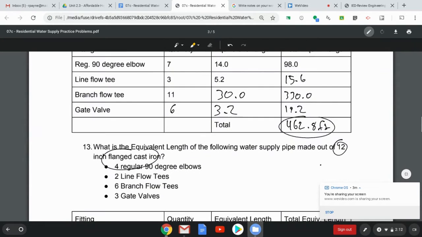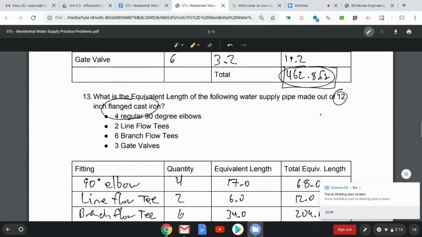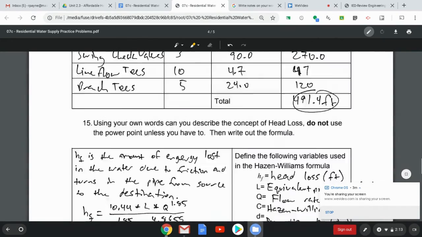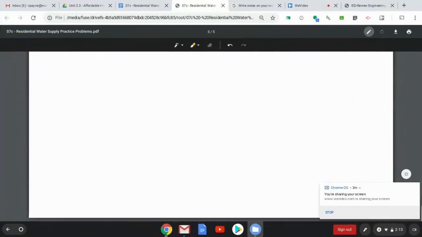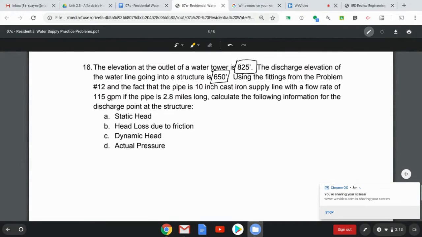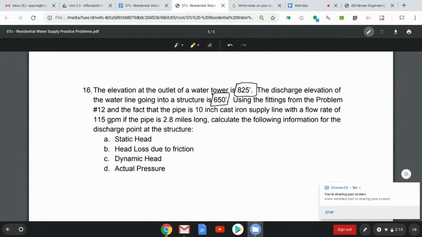So if I look at problem 12, we have an equivalent pipe length of 462.8 feet for the fittings, plus 2.8 miles of pipe length. So I need to make sure to put that in there.